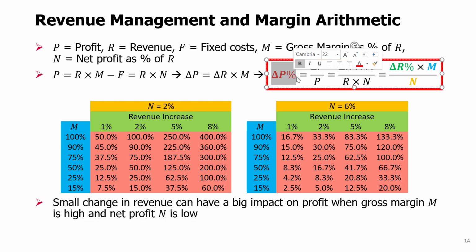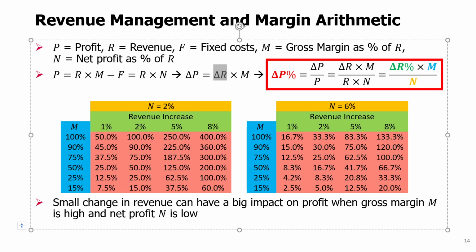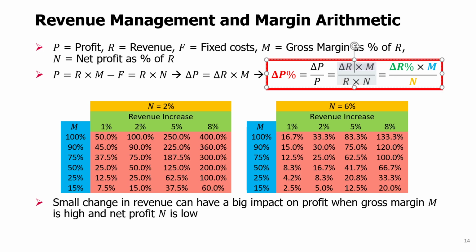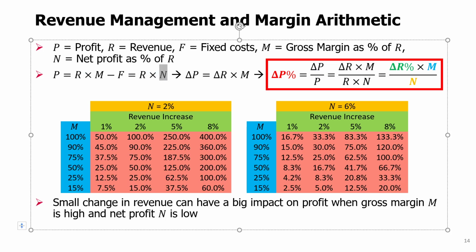Delta P percentage-wise is delta P divided by the profit that we started with. The delta P, as we expressed here, is delta R times M, delta in revenue times gross margin. And the denominator P can be expressed with this formula that we said is equal to the profit.